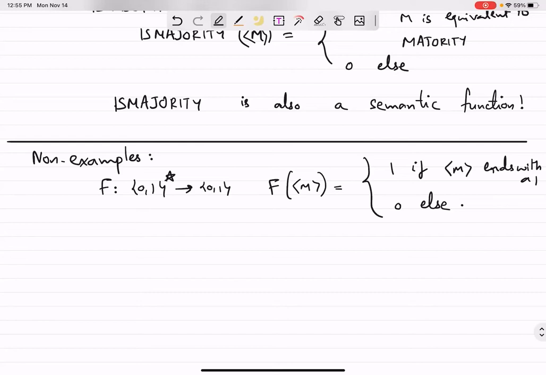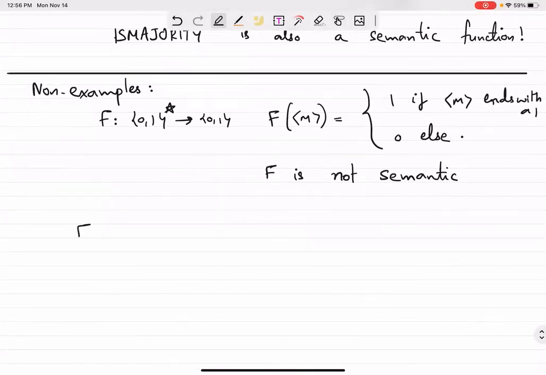Any guesses? It's taking a program, checks if it ends with 1 or not. Exactly. It's about the implementation, right? And if I ask you, does this program have the variable foo, that's not a semantic property. I can have the same implementation by changing the variable name without changing anything about the input output behavior. So f here is not semantic. Okay. And I can also give other examples like this.